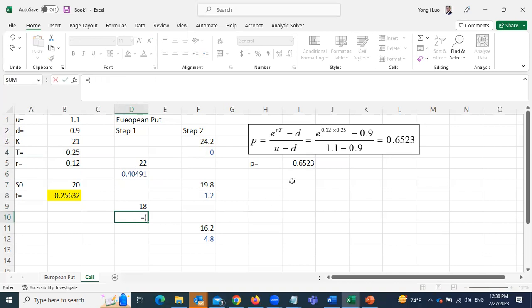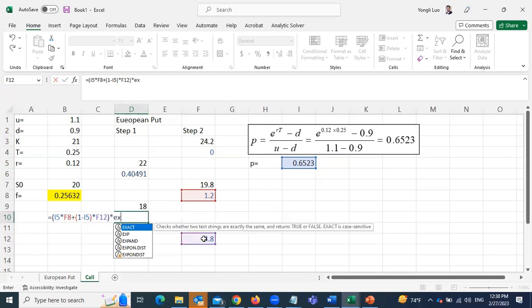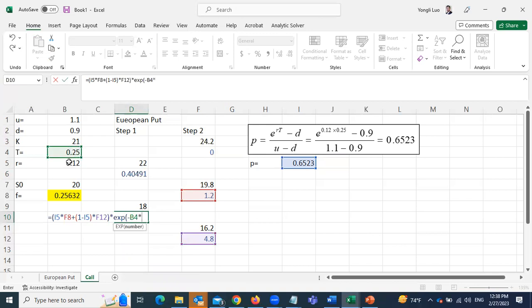Okay, wait. Using the price, the probability times 1.2, which is this one, and plus 1 minus the probability and times 4.8 and close the parentheses times exponential negative t times r.